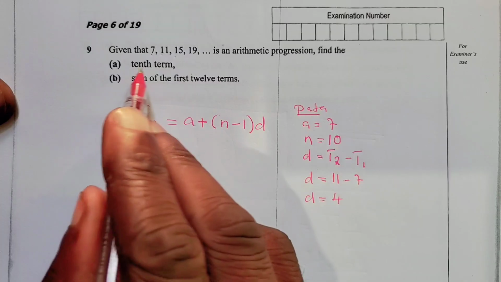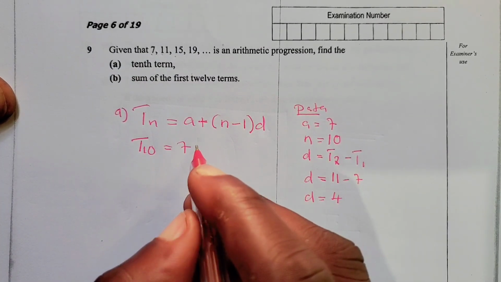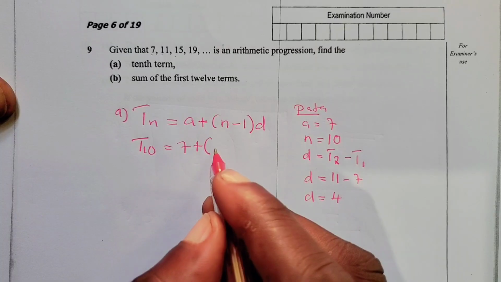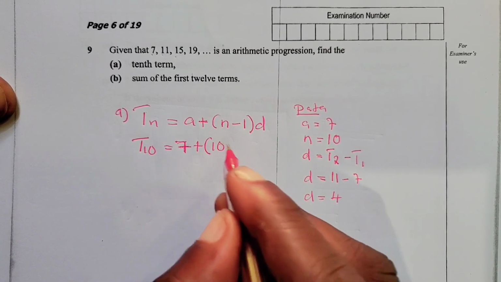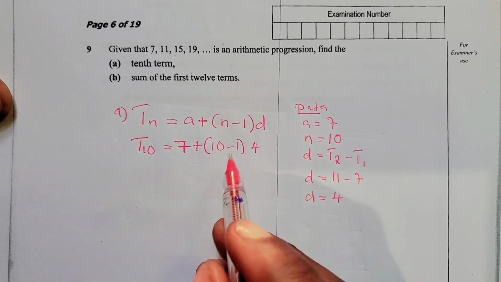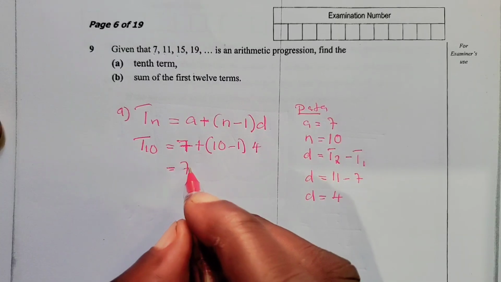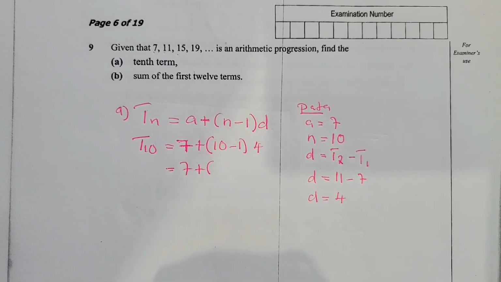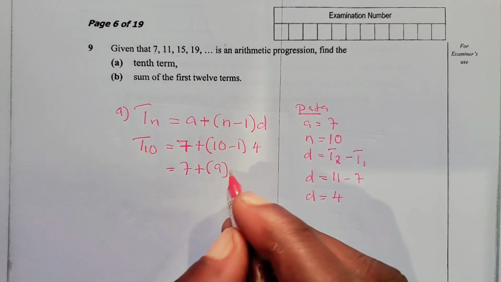a is 7, not n rather. n is 10 minus 1. Common difference is 4. So here you can only solve what is in the bracket. Okay, so 7 plus 10 minus 1 is 9. So you can just say 9, then 4 outside.